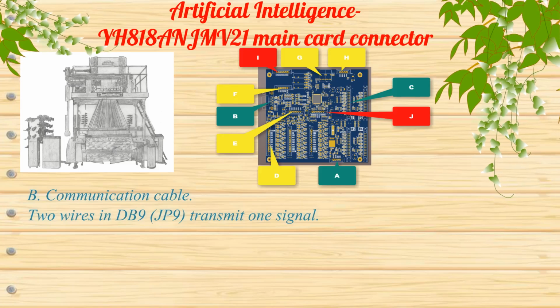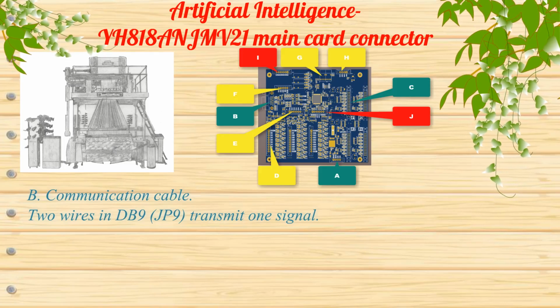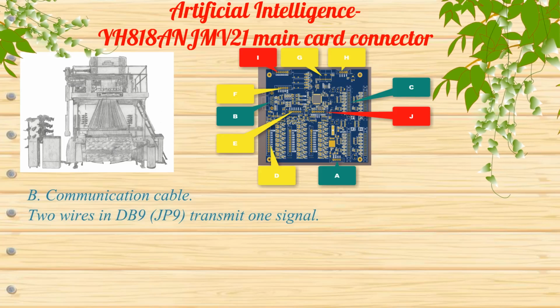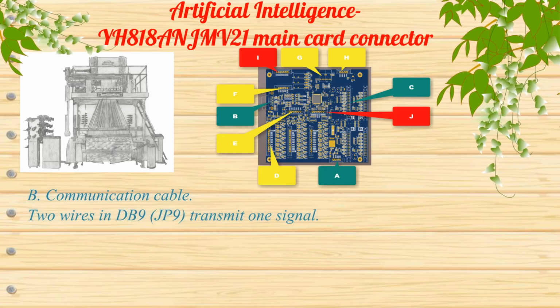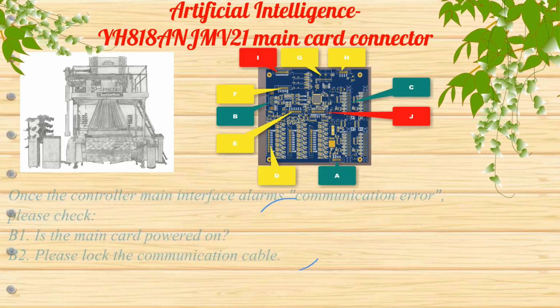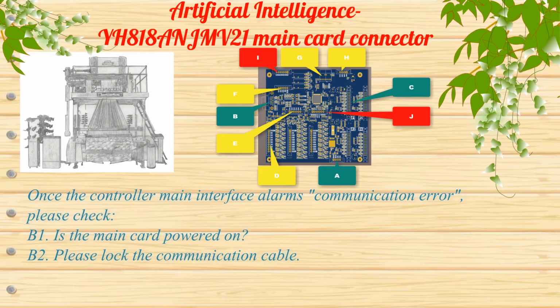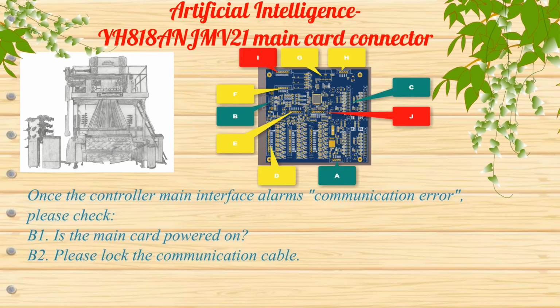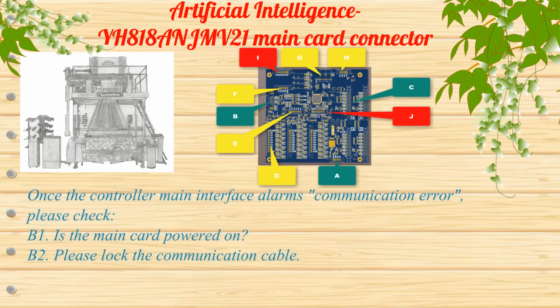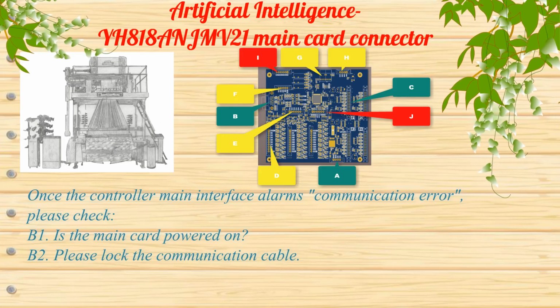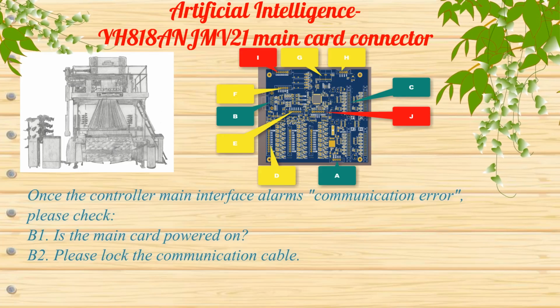B. Communication cable. 2 wires and DB9, JP9, transmit 1 signal. Once the controller main interface alarms communication error, please check. B1. Is the main card powered on? B2. Please lock the communication cable.